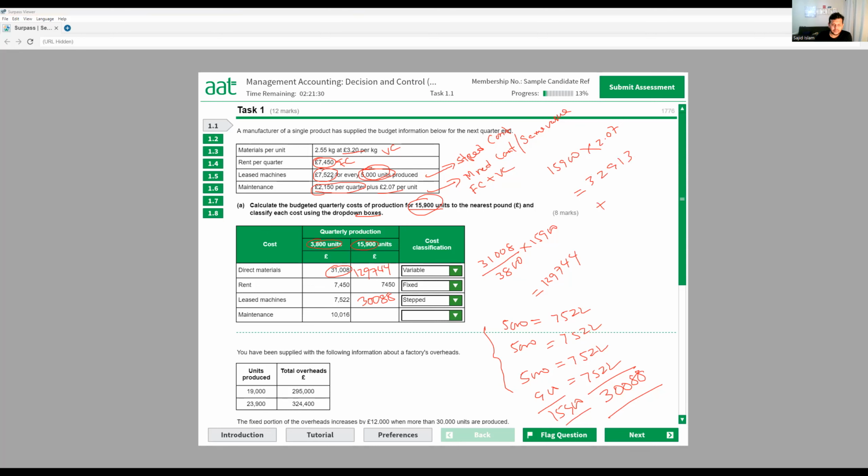Plus the fixed 2,150, we have 35,060. So this is my semi-variable cost. Sometimes we call it mixed cost as well, the same thing. All right, it's not a very difficult one. Let's move to the next one.